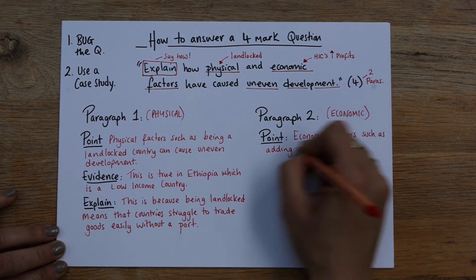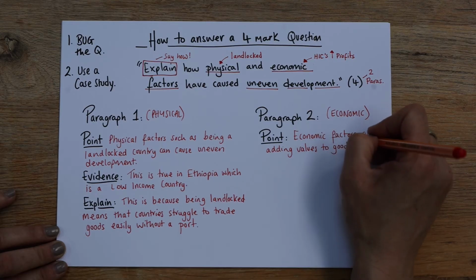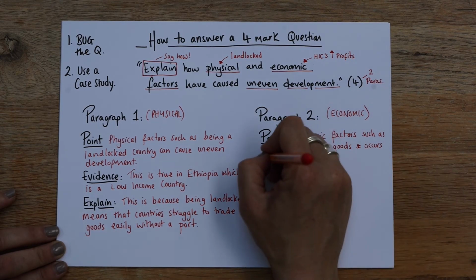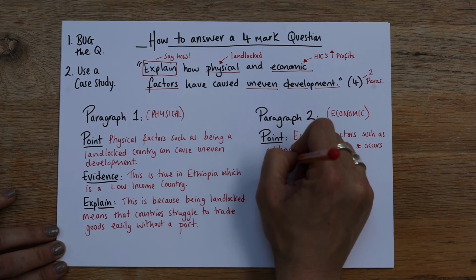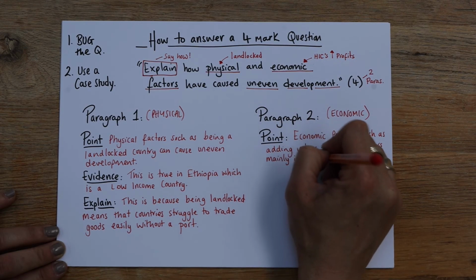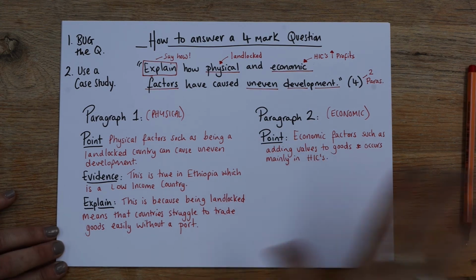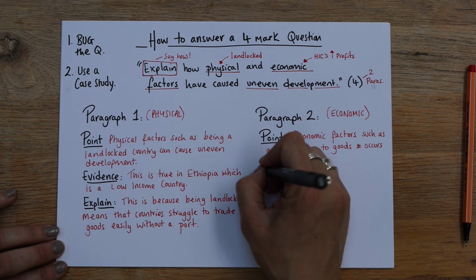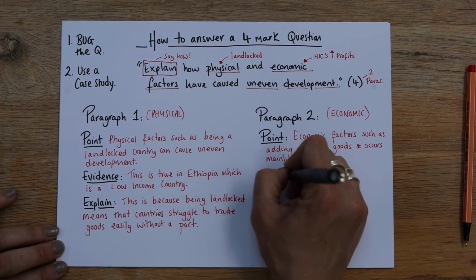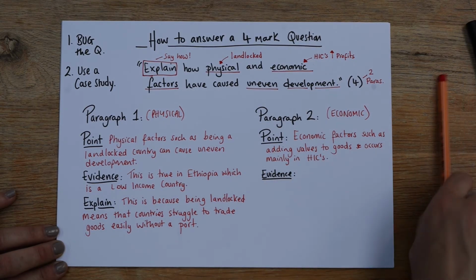Actually, I don't want the S, sorry. So adding value to goods occurs or happens mainly in high income countries. All right, I was about to go in and give you evidence there, but it's not yet. Right, evidence. Now we can talk about the chocolate.